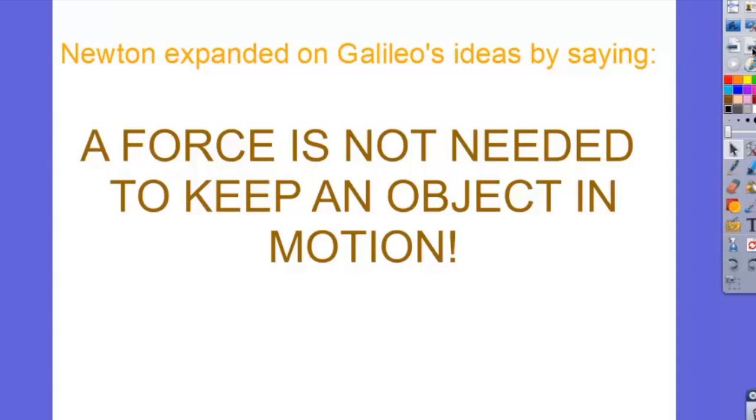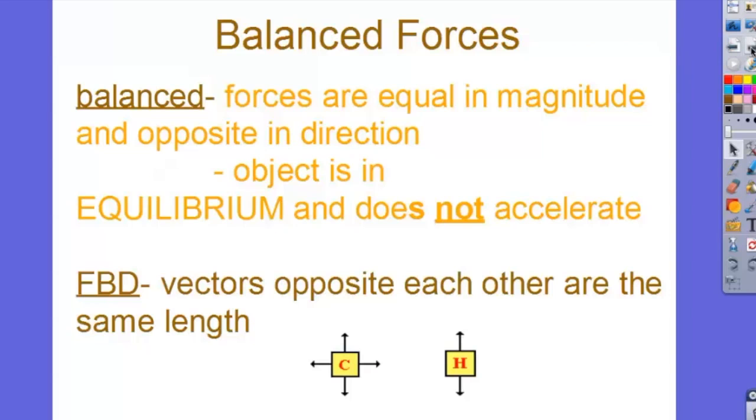And that it deals with objects that have balanced forces that are not accelerating. So when we look at a free body diagram, we know that an object is in equilibrium. That's another way to say that the forces are balanced. And that object does not accelerate when the vectors opposite each other are the same length. So object C is in equilibrium both vertically and horizontally.